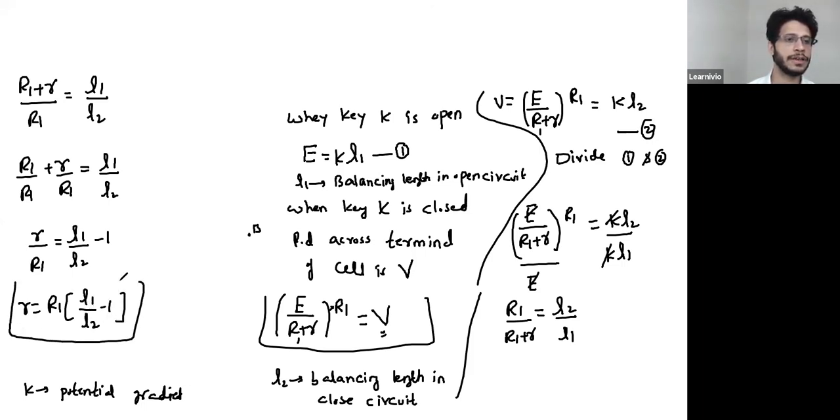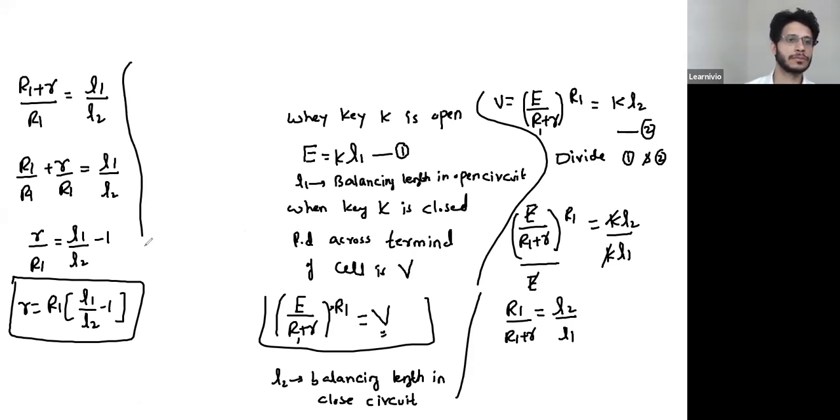So the internal resistance r is R1 times L1 by L2 minus 1. This is how we can calculate internal resistance. If you have the balancing length in open circuit, the balancing length in closed circuit, and this external resistance R1, then you can calculate the internal resistance.